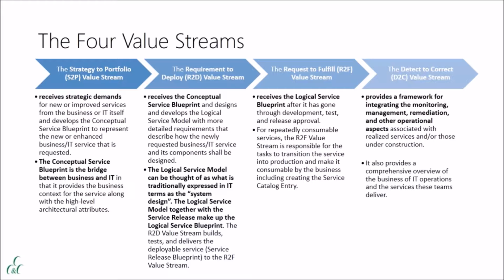And it's very important, if you want to understand IT4IT, to know that everything that IT delivers is a service in the IT4IT lexicon. So everything that we're talking about throughout the IT value chain has to do with services we are delivering.